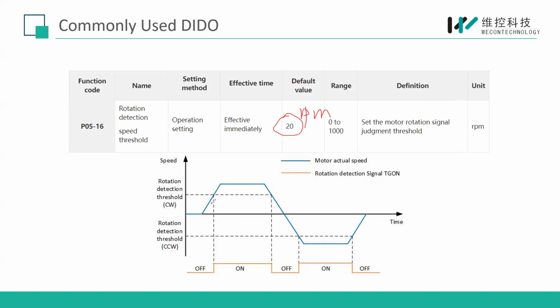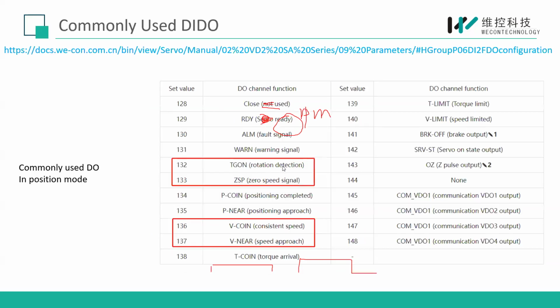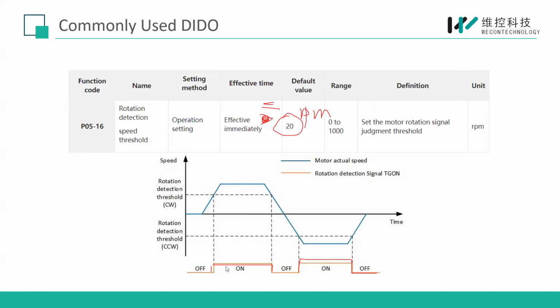So you can see every time when the speed is bigger than 20, this rotation detection DO signal will be on status, and when the speed is smaller than 20, this signal will be off status.